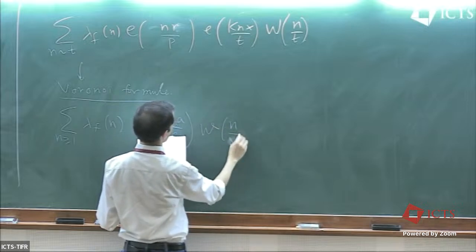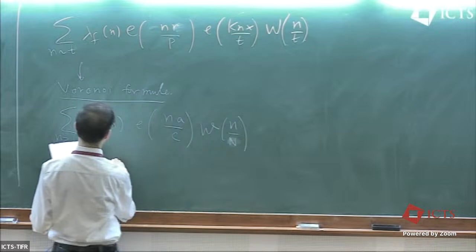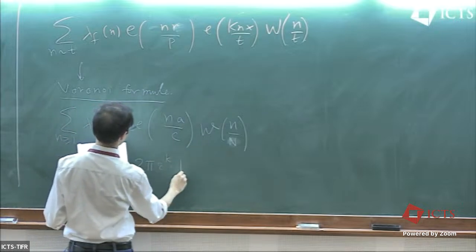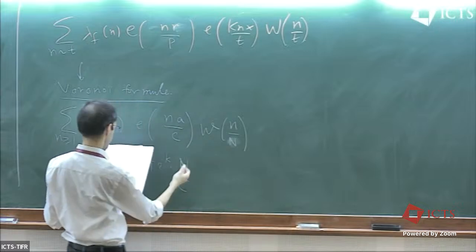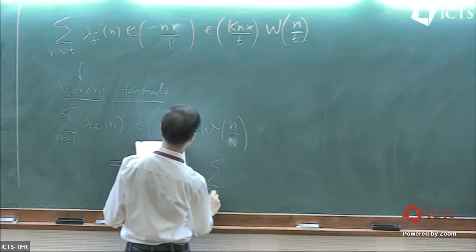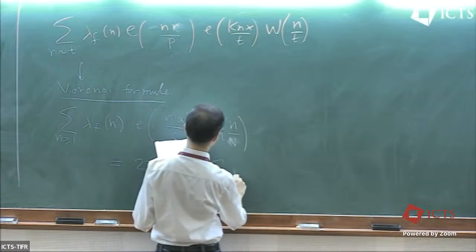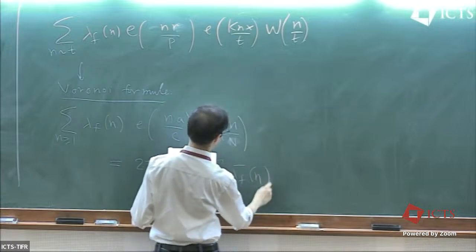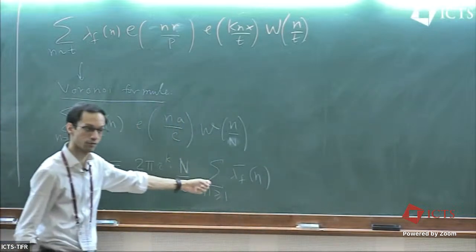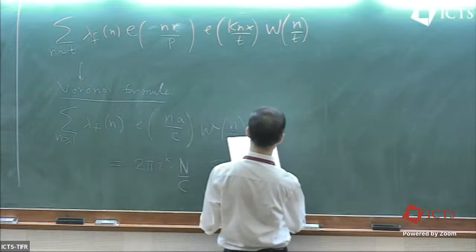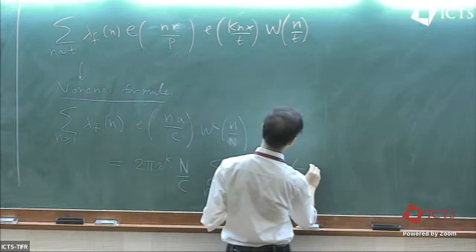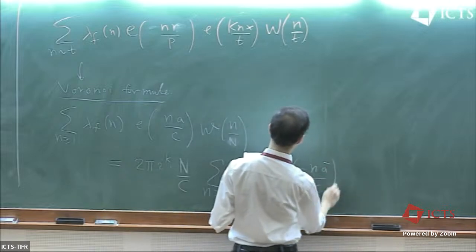Then the Voronoi formula is basically telling us that that is equal to 2 pi i to the k. I'm just going to write this without the good normalizations. On the other side, what you get is the dual Fourier coefficient. In this case, it's going to be itself because we are taking forms for SL2. Instead of a over c, you get a negative n a bar over c.